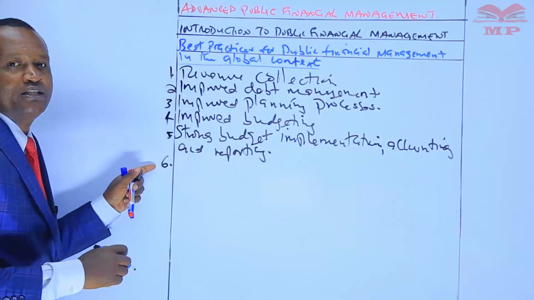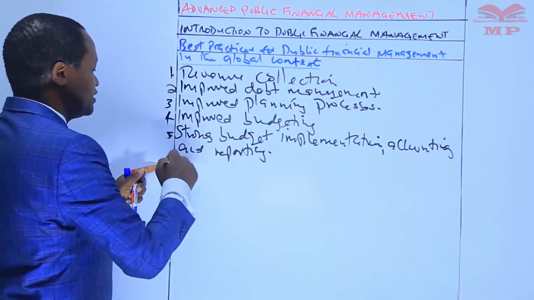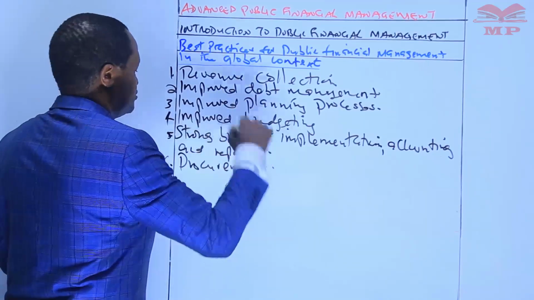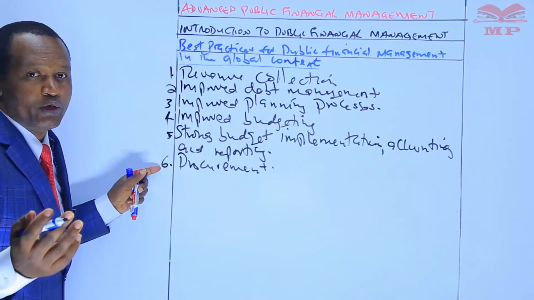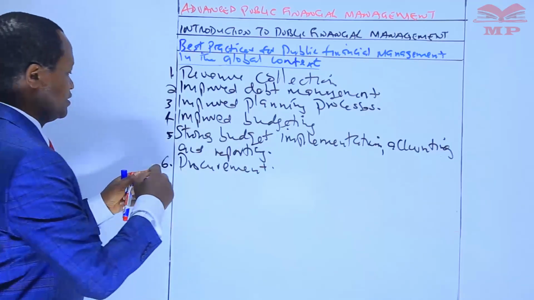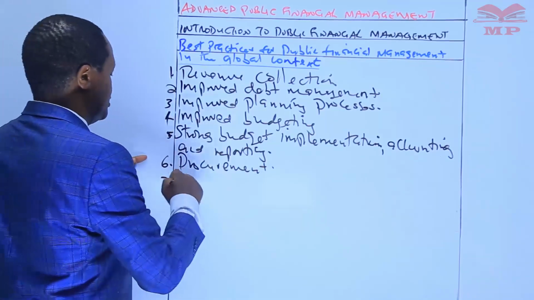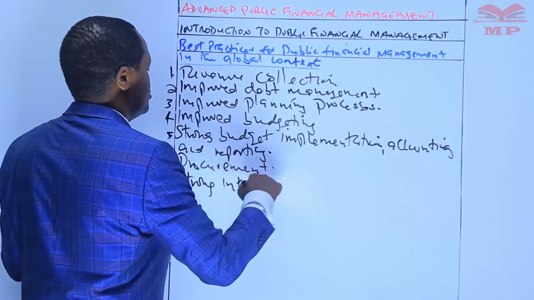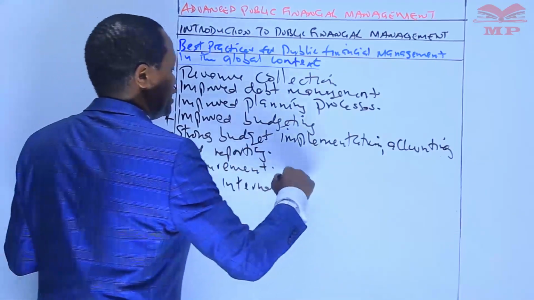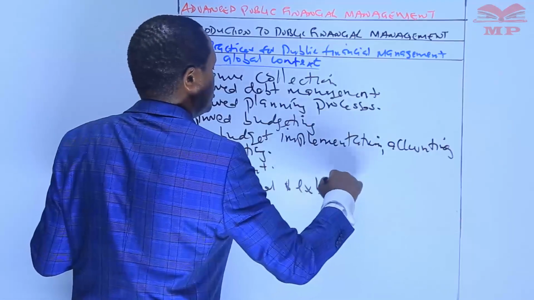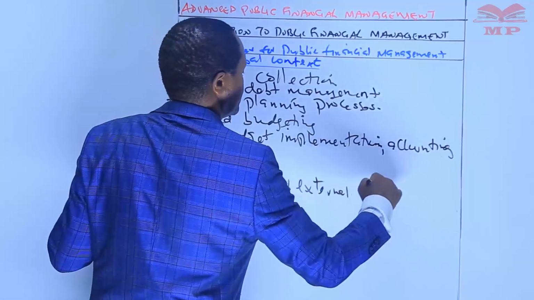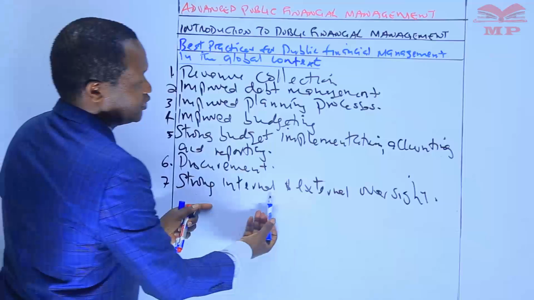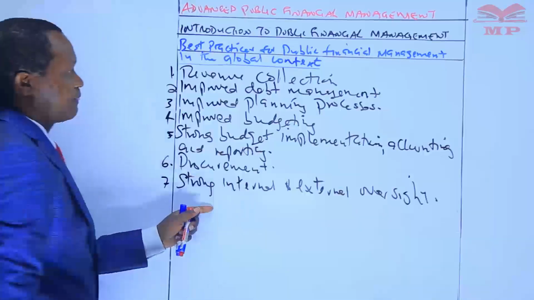Number 6 is procurement. 7, strong internal and external oversight.